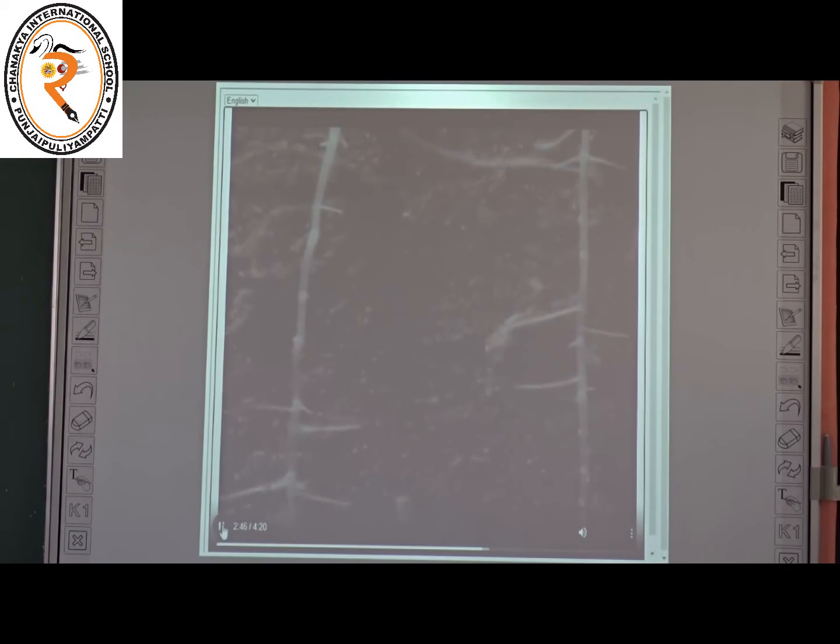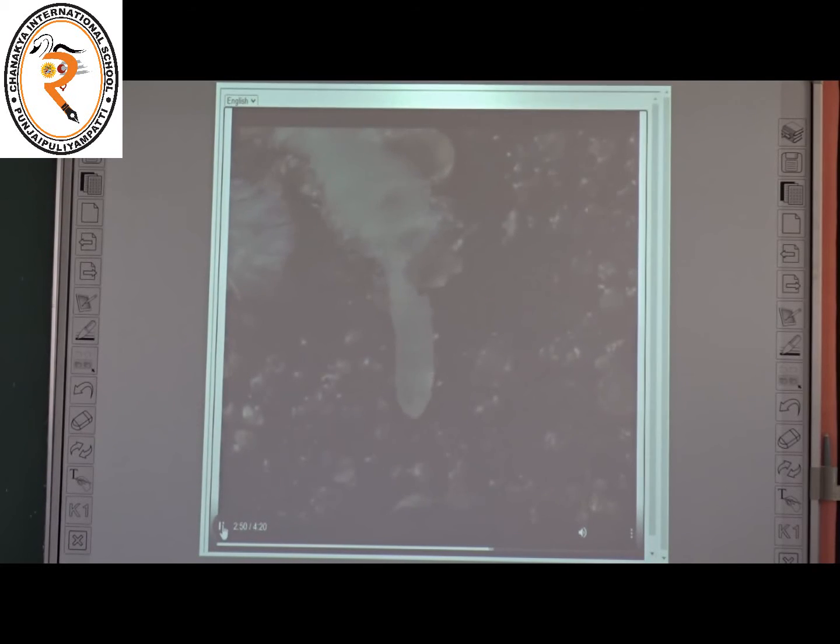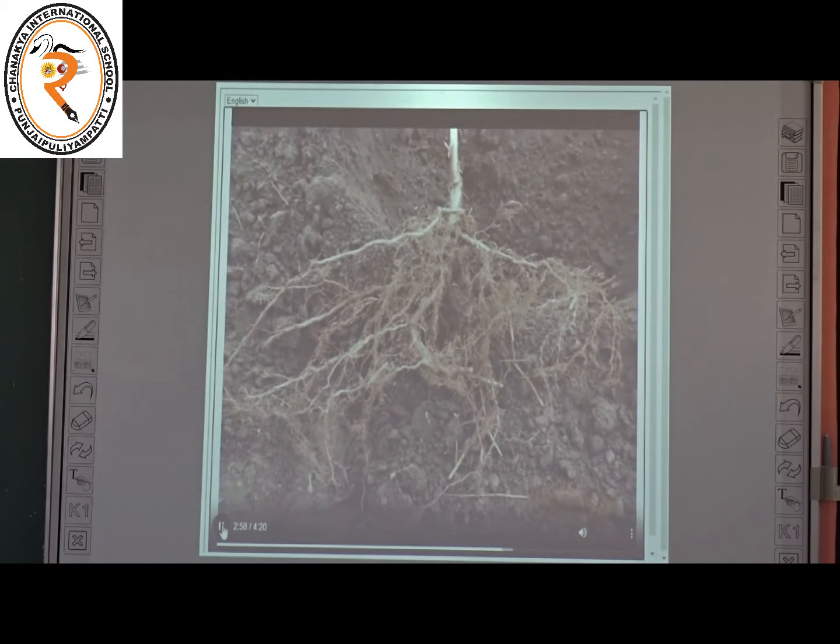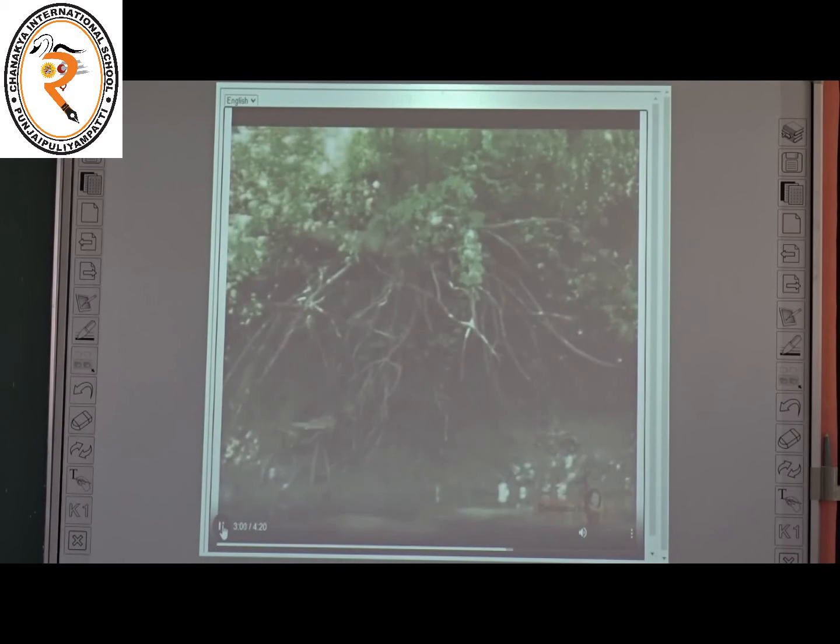Such delicate structure survives for a few days only and grows out into the soil for a few millimeters. Each root hair is made of a single cell. The roots help in anchoring the plant firmly in the soil.